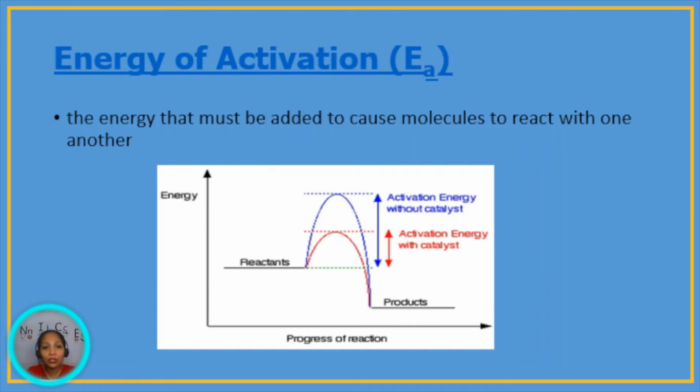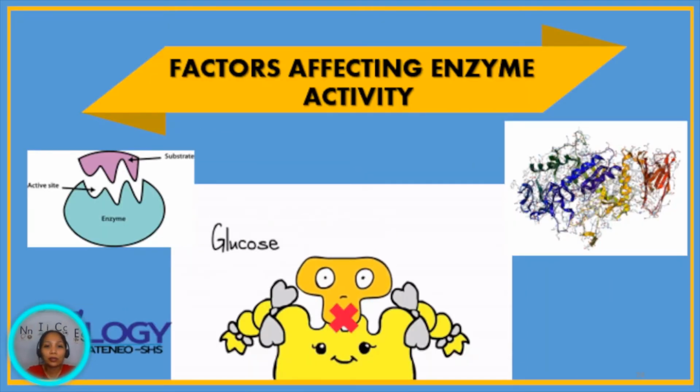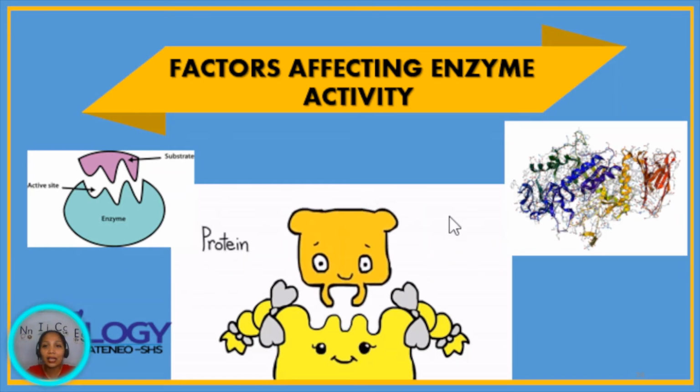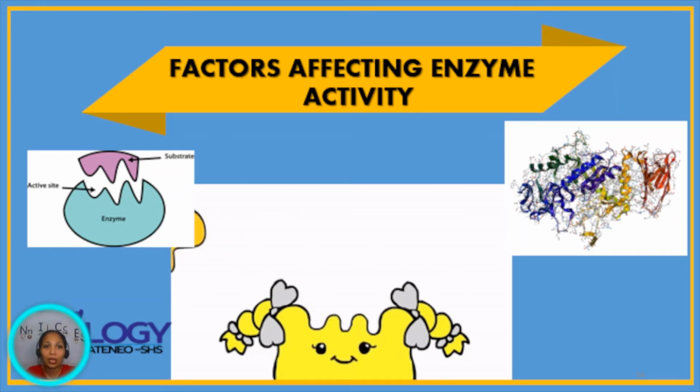Reactions occur more rapidly if the activation energy is low. Enzyme catalyzed reactions therefore occur much faster, millions to billions of times faster than they do in the absence of an enzyme.